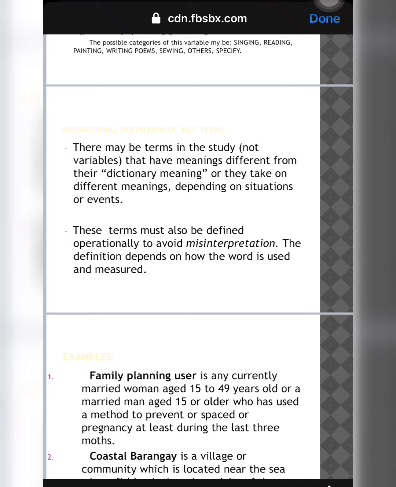So these terms must also be defined operationally to avoid misinterpretation. This depends on how the word is used and measured.